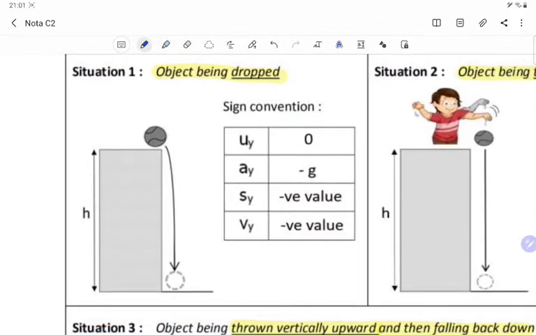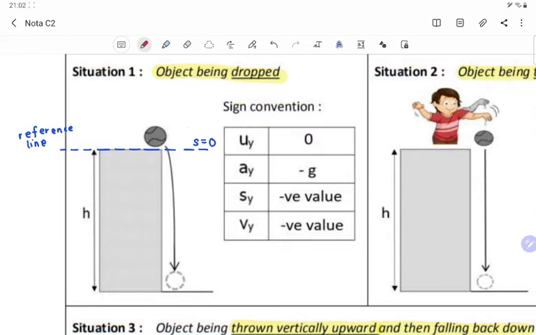So the first thing yang awak kena buat adalah kenal pasti where is the reference axis ataupun reference line. Okay, kalau kat sini kita tengok di mana bola tu bermula, ini adalah reference line, garisan rujukan. And the reference line adalah kita tulis s sama dengan kosong. Nilai displacement dia adalah kosong.